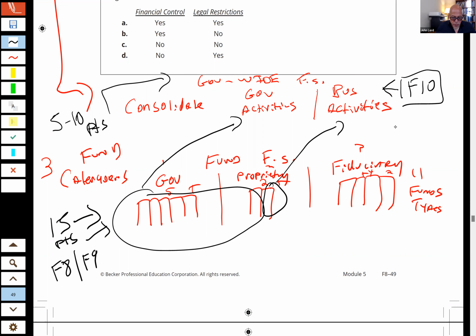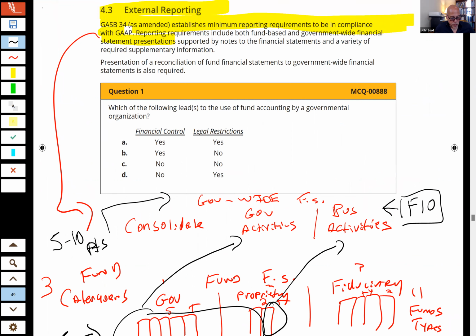Okay, good. So with all that, that's sort of an overview. Let's go ahead and look at this first question dealing with governmental.